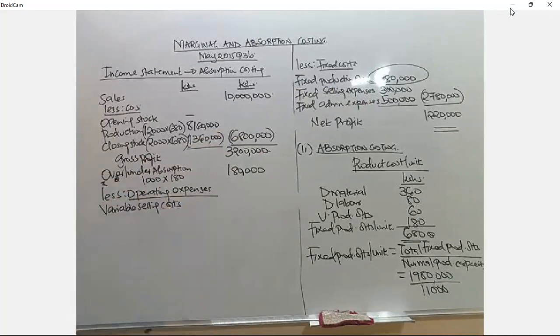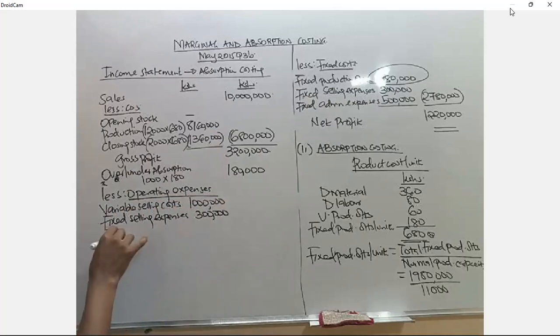The variable selling cost, per the question we were told, was 10% of the sales, and we were able to get 1 million. Remember? Then you take the fixed selling expenses. The fixed selling expense was around 300,000.